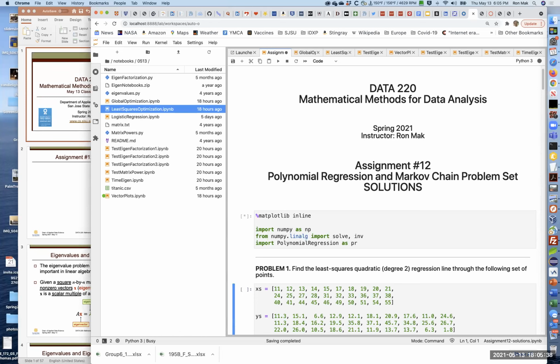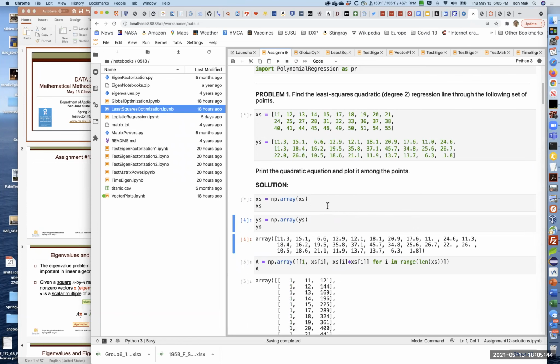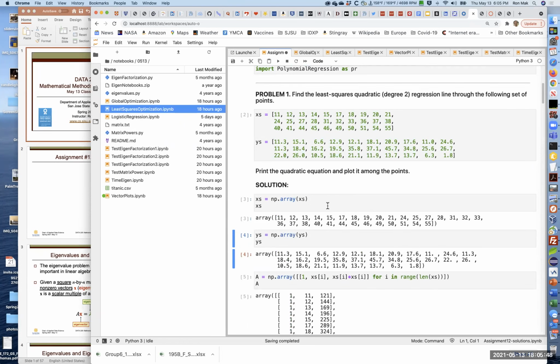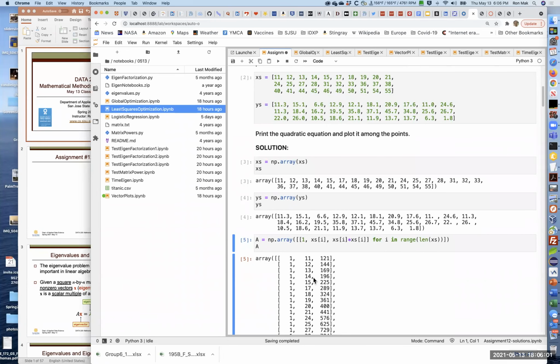So I make a NumPy array out of the x's. It took a while to do that. Make a NumPy array out of the y's. Now I'm going to create the A matrix, and it has ones down the first column.